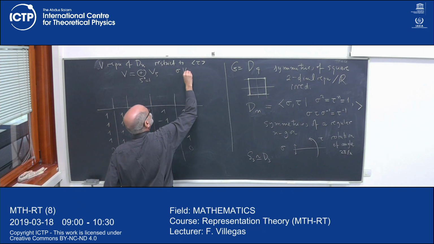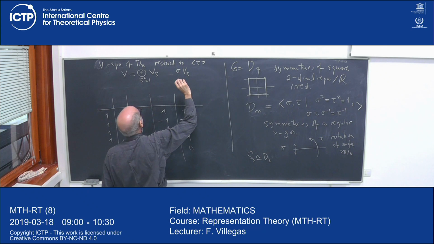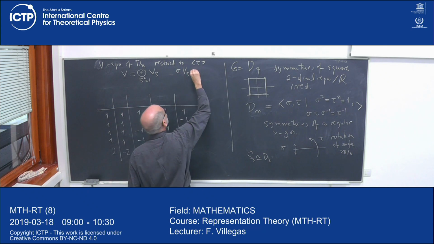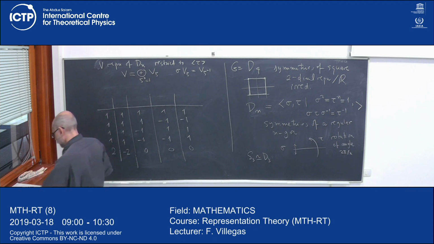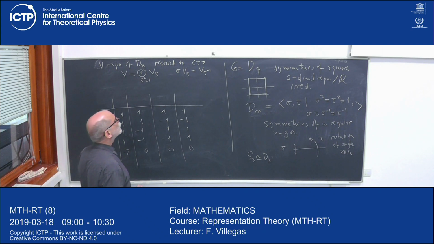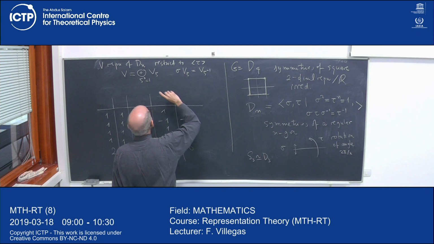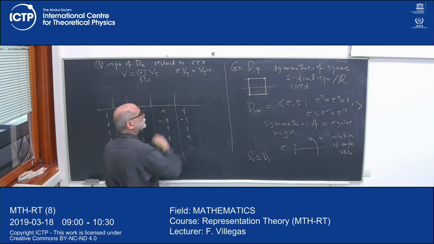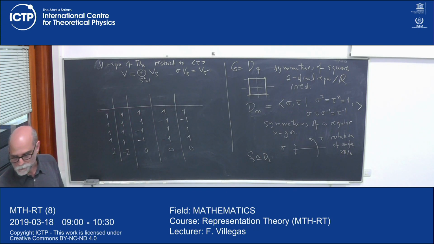Sigma of V theta will have to be V theta inverse. And so there are going to be two situations depending on whether n is even or odd.